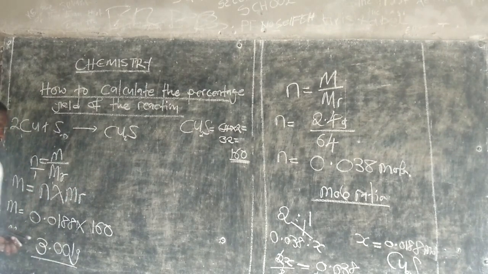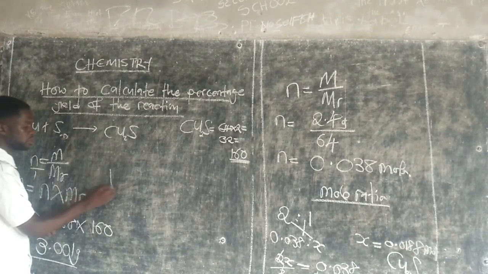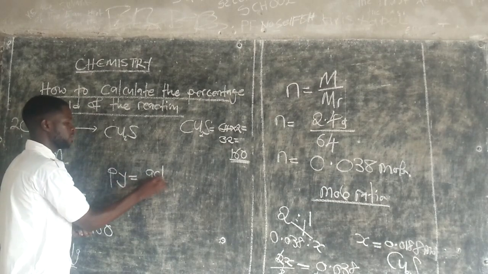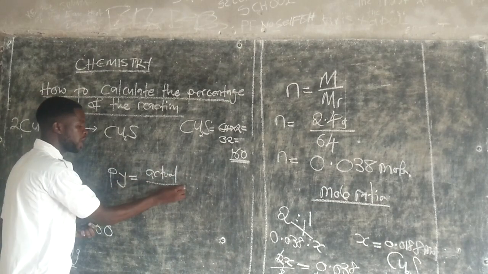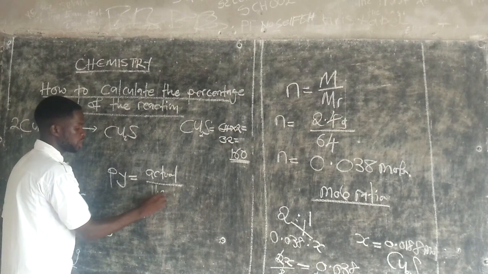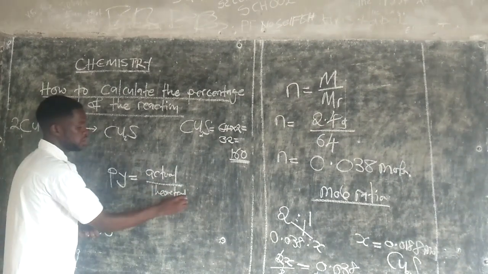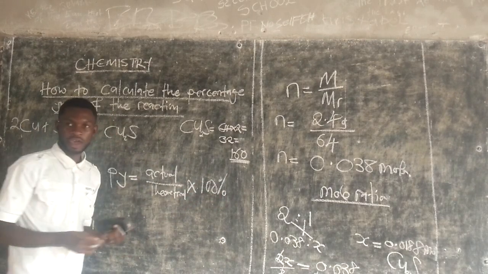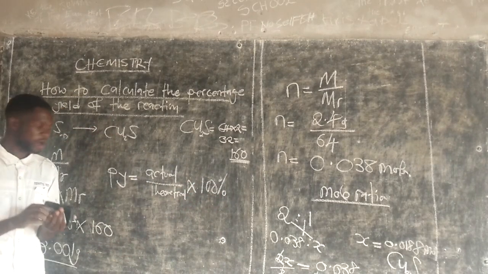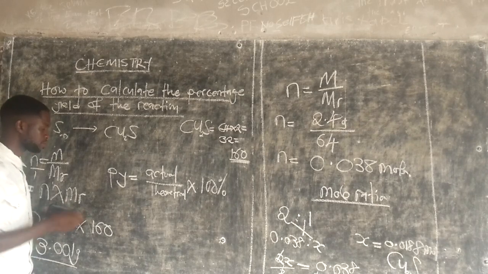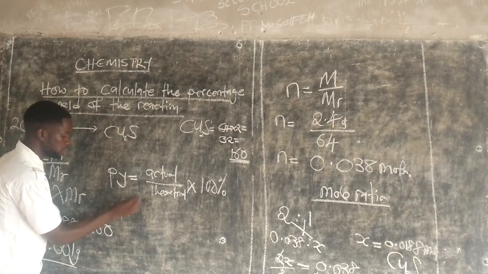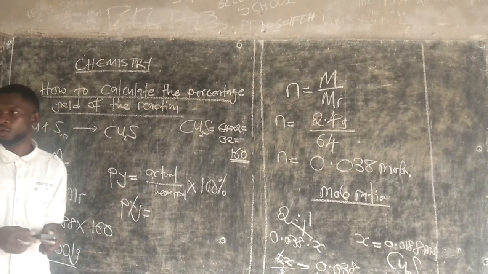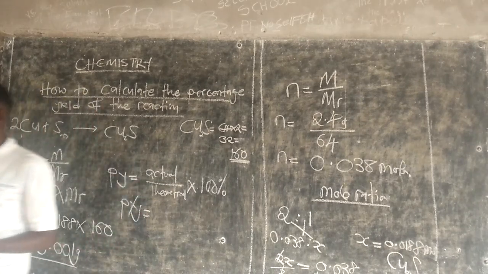So how do we do it? I gave you the formula earlier. The percentage yield is equal to the actual over theoretical, multiplied by 100%. Then we just plug in: the percentage yield is equal to actual, which is the amount of substance that we were given.